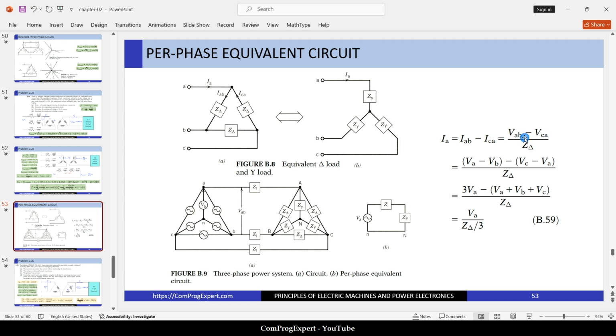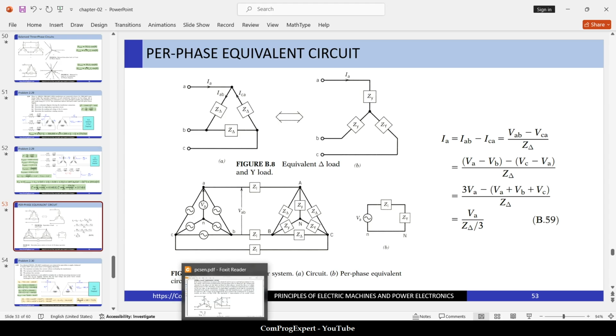If you rewrite these two quantities in this format, VA minus VB and VC minus VA, and add up and subtract VA, we have this, or finally this one. So we have this equation.